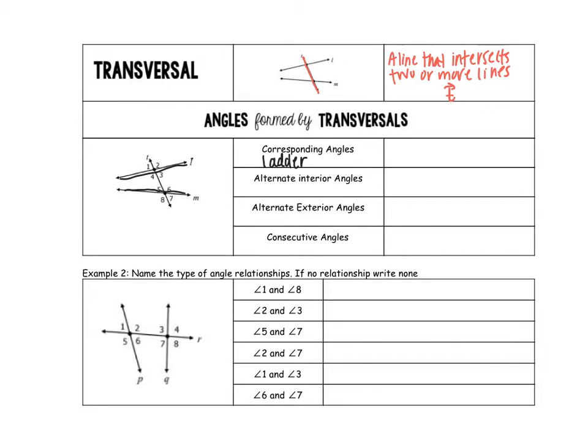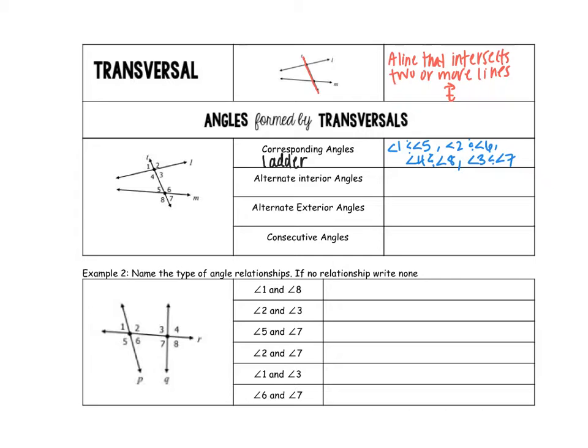Okay, and if I put L and M on top of each other, 1 and 5 would go on top of each other. So angle 1 and angle 5 are corresponding. Well, that would also happen with angle 2 and angle 6, also angle 4 and angle 8, and also angle 3 and angle 7. So I think of those as like a ladder.